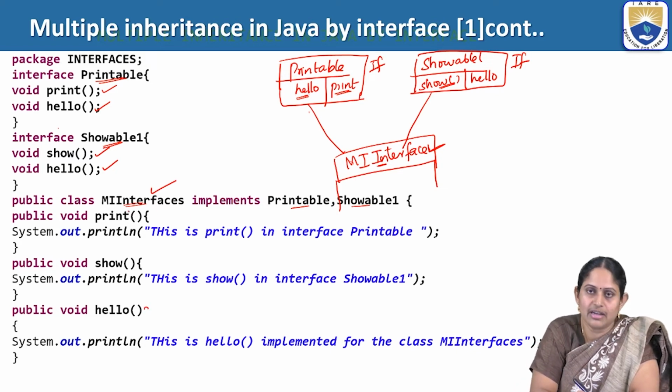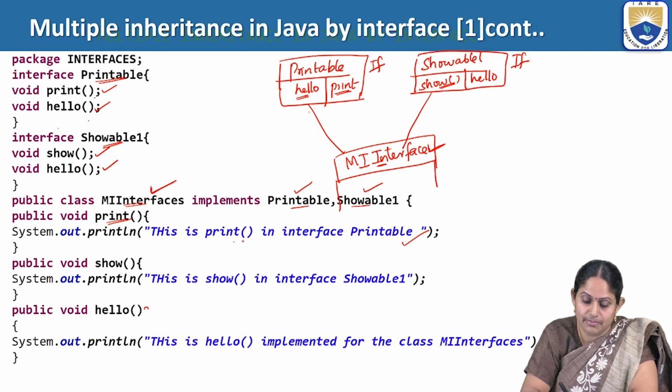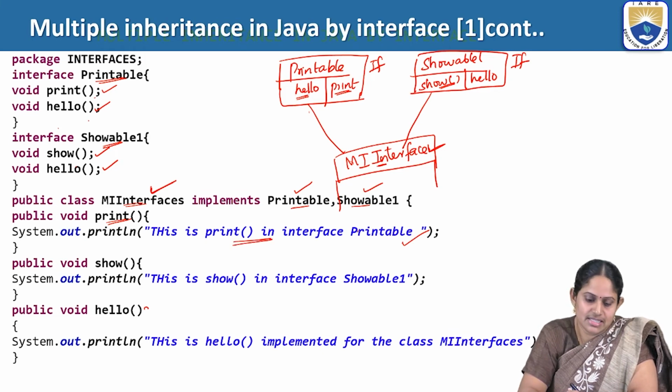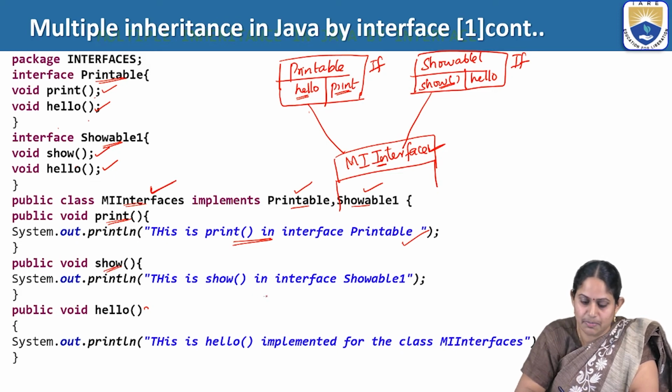So here we have these two interfaces, printable and showable, being implemented by the class MI interface. This MI interface has to provide the body for print, hello, and show. Inside print, it is providing some implementation wherein it is displaying this statement, and the show method is implemented to display this statement.